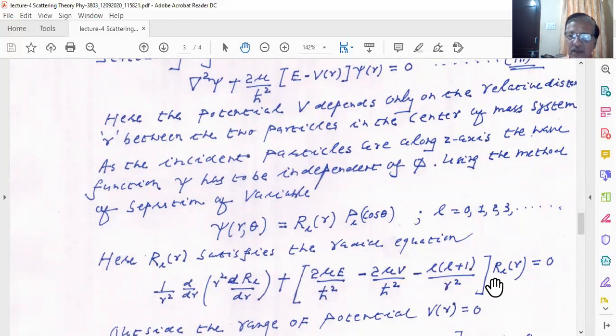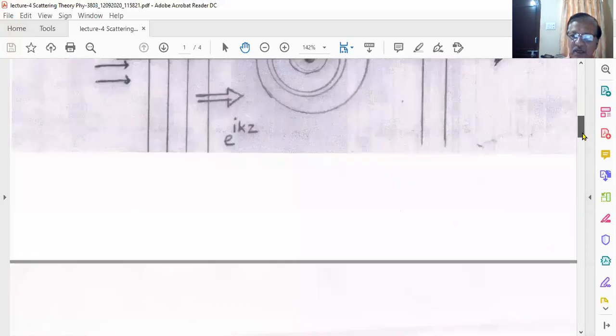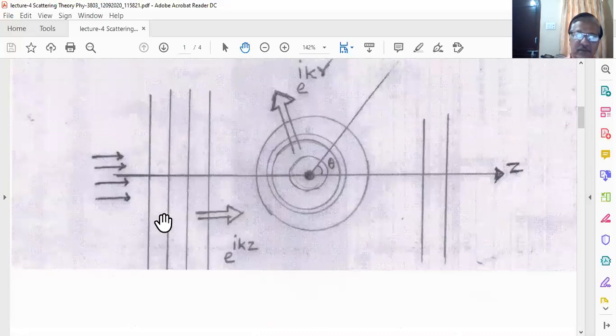Now let us see, there are two regions when you are discussing the scattering problem. We consider the plane wave which is propagating along the z-axis. When the particle is very far from this scatterer, it does not experience any potential produced by the scatterer.